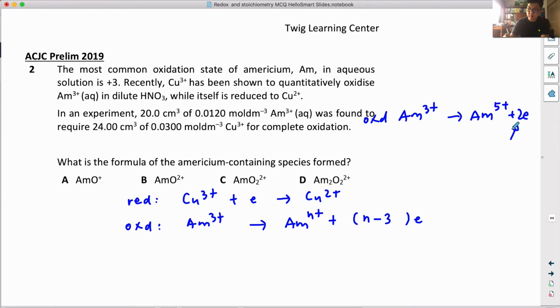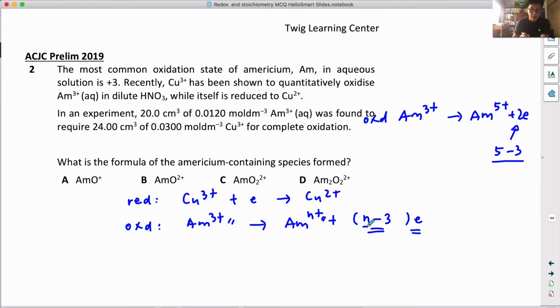How to get 2? 2 is 5 minus 3. I try to put some numbers in to guide me in writing this part. For oxidation, the number must increase and there's always loss of electrons, so always take the bigger number minus the smaller number, which is N-3.